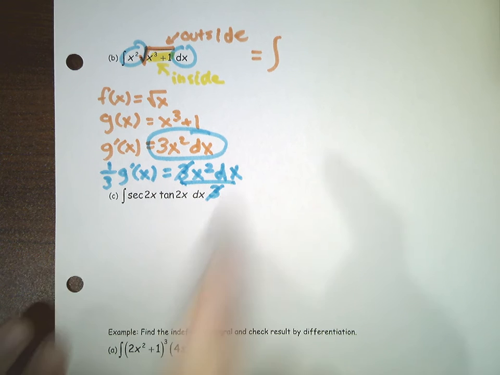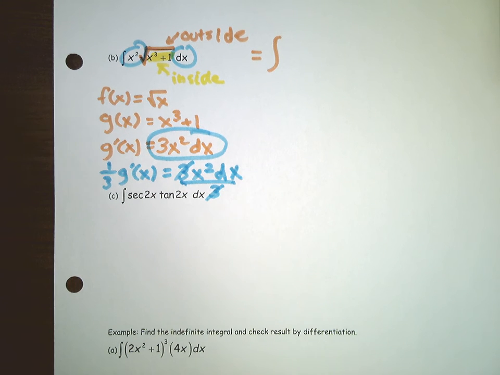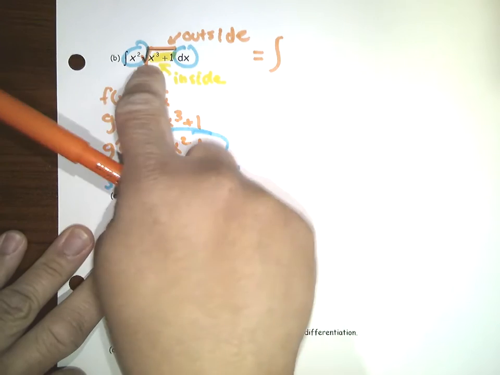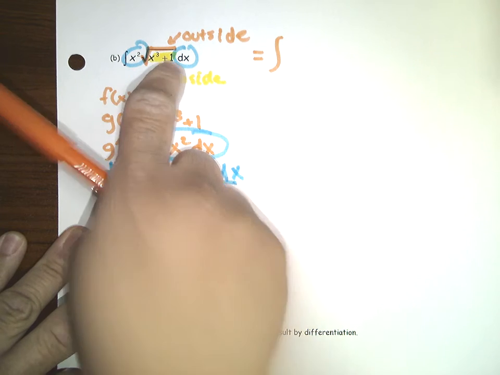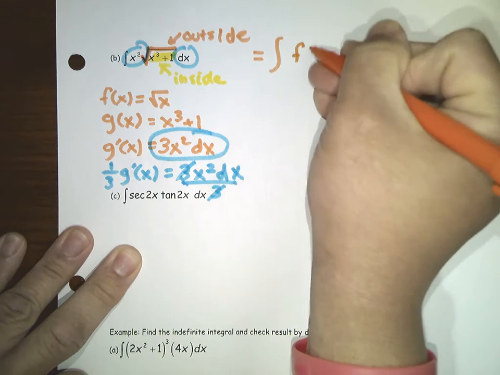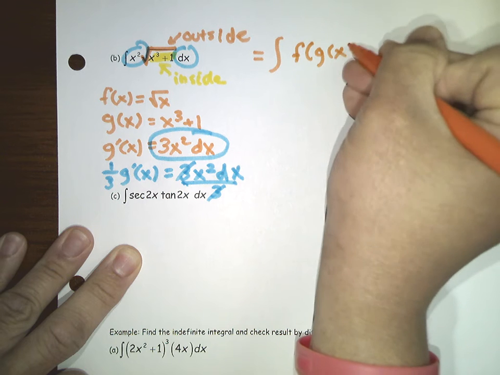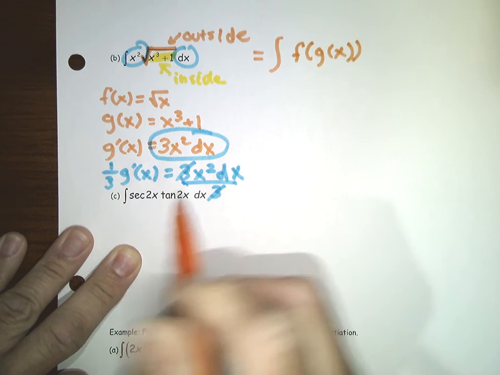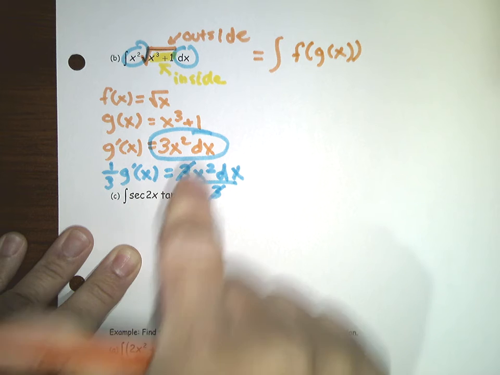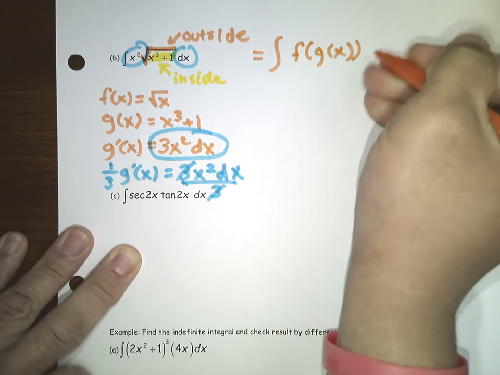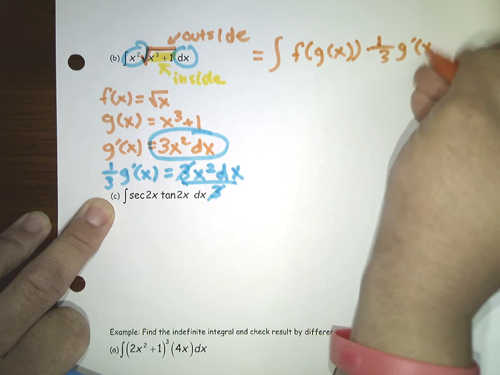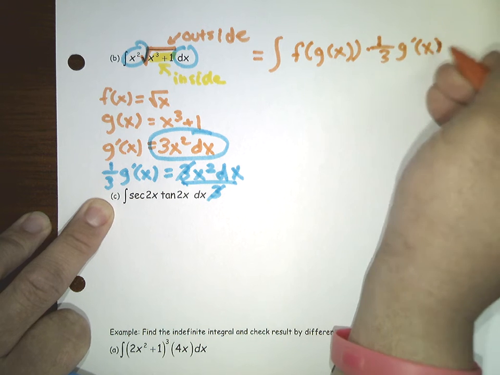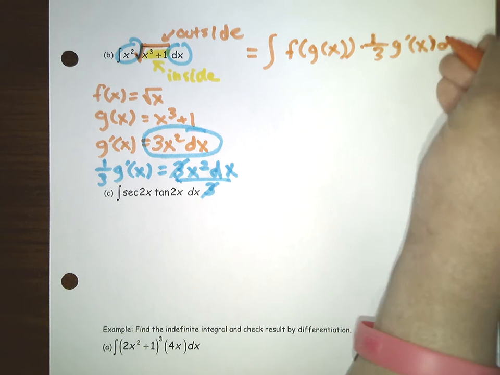All right, so now what I have is the square root of x cubed plus 1 is f of g of x, and then the x squared dx was actually equal to, in this case, 1/3 g prime of x, and then dx.